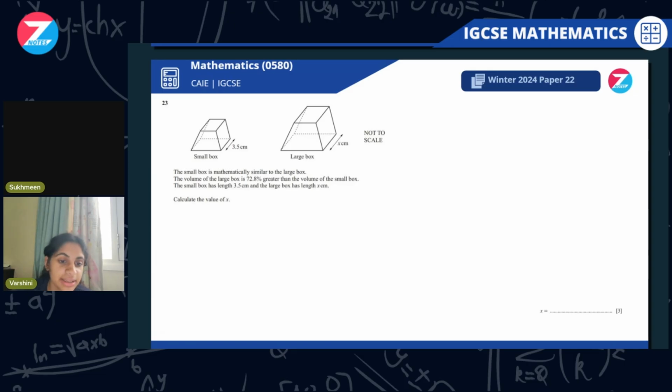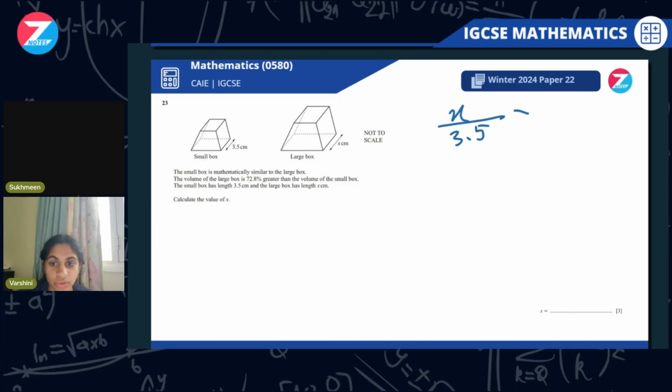Okay, so we know that these two are mathematically similar. So if we scale it up, the scale factor here is going to be x divided by 3.5. And we also know that for volume, the scale factor is cubed.